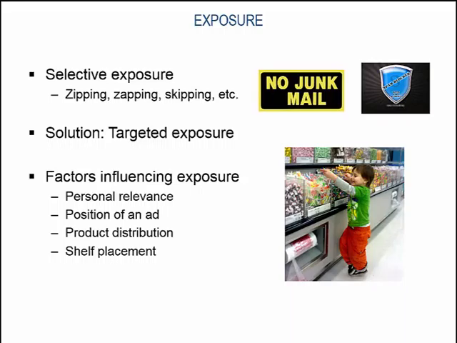Now, besides making exposure more targeted, companies can increase the likelihood of exposure also by various other means, such as, for example, selecting carefully the position of the message or the product. For example, ads which are placed on the front or back pages of magazines are likely to get a lot more exposure than ads which are placed inside a magazine. And products placed on shelves that are at the eye level of the target customer are also more likely to be seen and picked up.